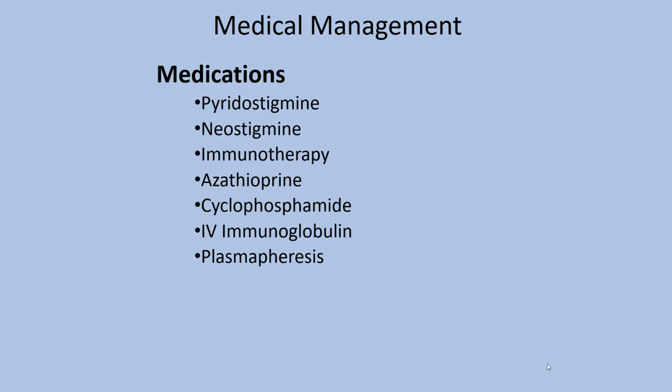One other thing that they can do for medical management is plasmapheresis, also called TPE, or therapeutic plasma exchange. This has been used in acute myasthenic crisis, and it's used for treatment prior to thymectomy. The goal is to help with the removal of these receptor antibodies from circulation.